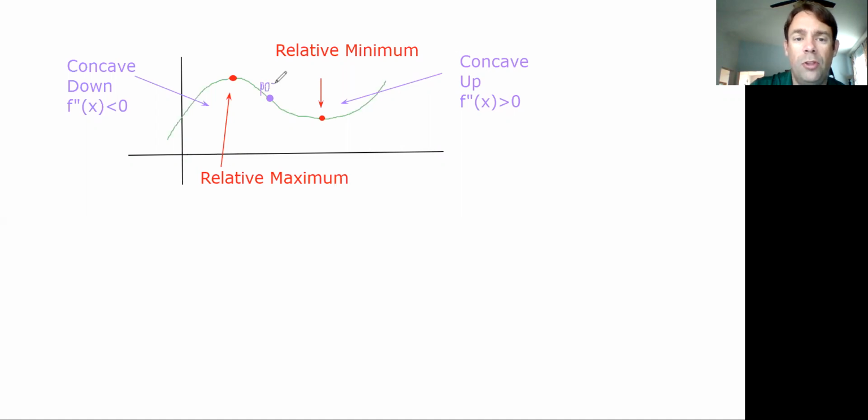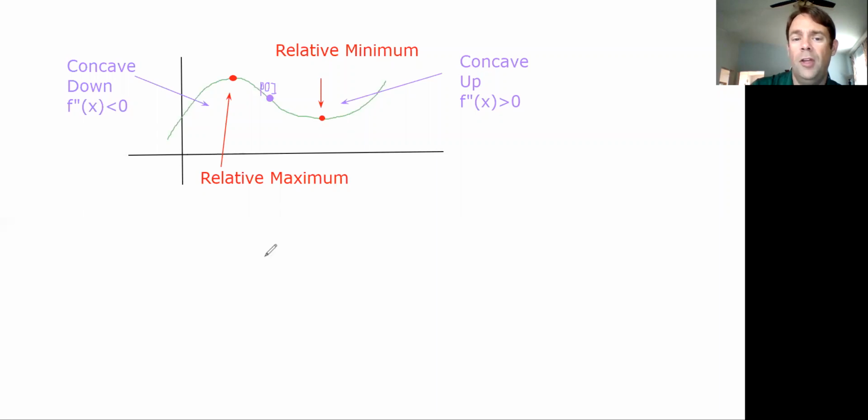Now usually we describe a relative extrema by where the derivative changes from positive to negative, or from negative to positive. But if you notice, those relative extrema are also related to concavity, to the second derivative.